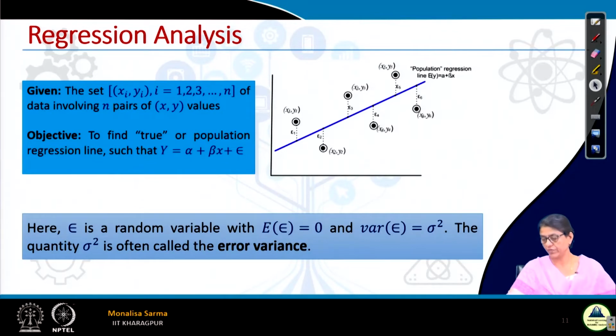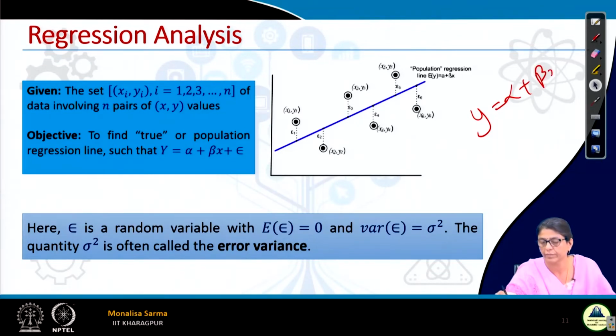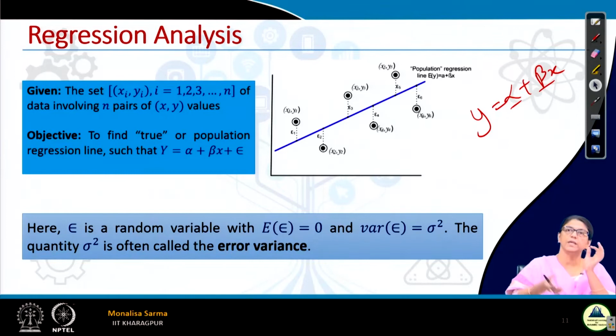Now actually here there is one thing. If I just write y equals alpha plus beta x, that means if I know alpha and beta, given x I can find y. So that means it is a deterministic equation. For any given value of x, I will be able to find out the value of y if alpha and beta are known. Now see the example, like in the first class when I was talking about regression analysis, I gave a few examples.